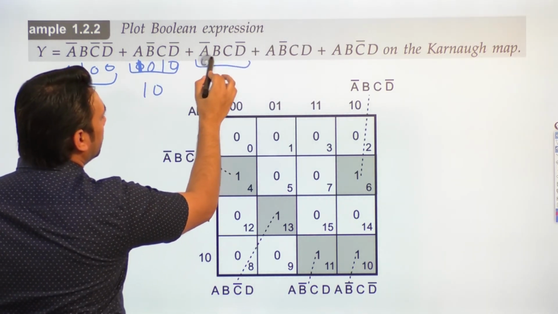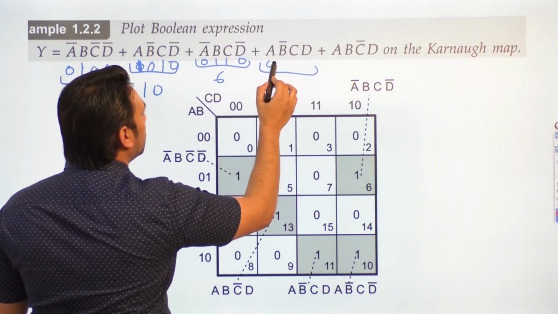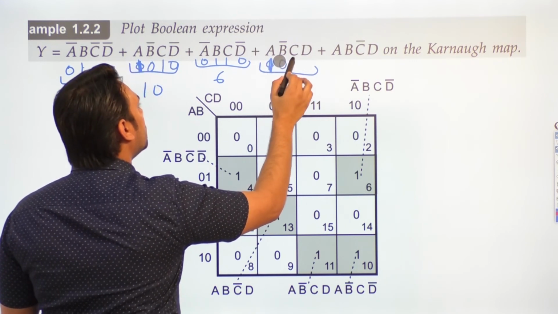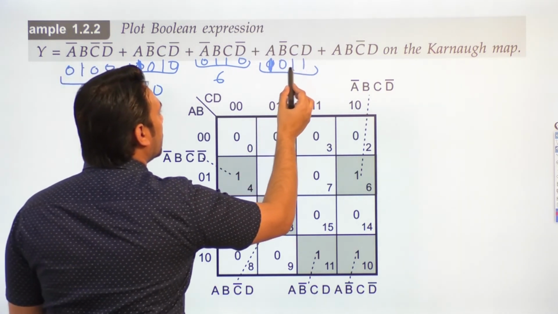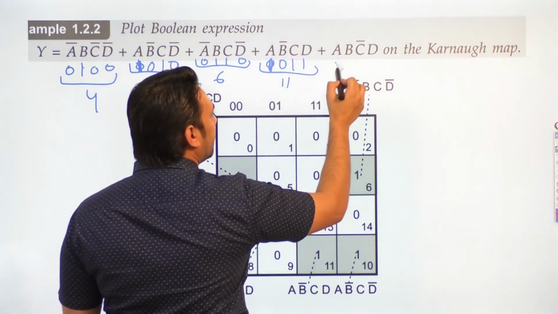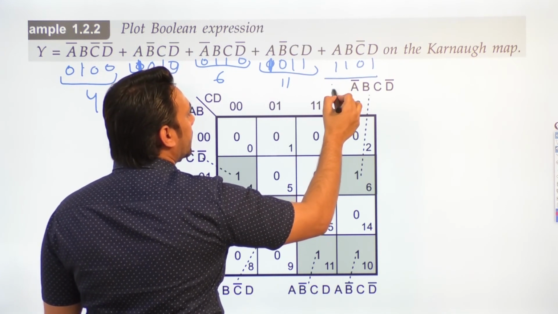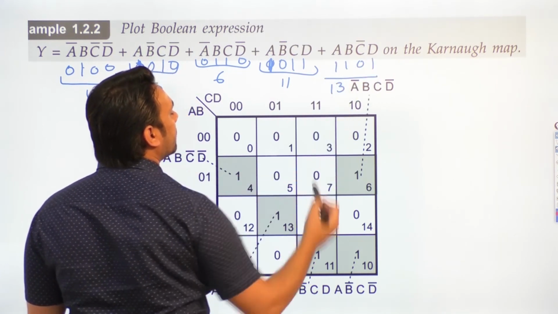This is 0, 1, 1, 0, that is 6. This is 1, 0, 1, 1, which is 11, right? 8 plus 3 is 11. And this is 1, 1, 0, 1, which is 13, right? So 8 plus 4 plus 1 is 13.